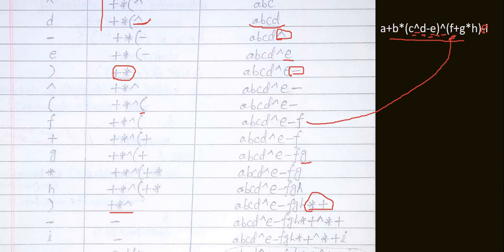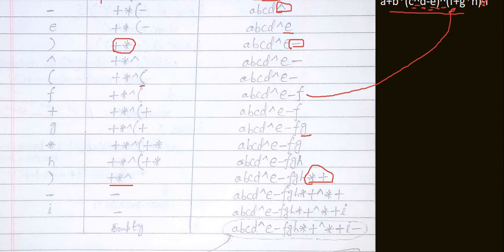You can see all the operators present in the stack have higher or equal precedence compared to the scanned operator. So here the machine also pops out all the operators one by one and concatenates them with the output expression.